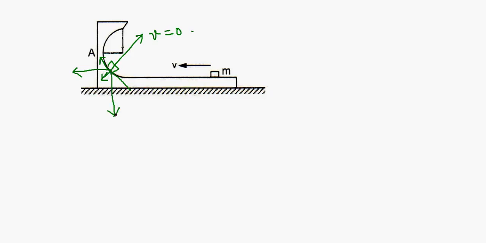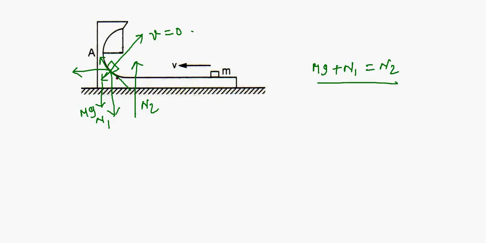But as it tries to move this way, the ground comes into play and it gives a normal force. Let's say this is N1, this is N2, there is mg. So mg plus N1 is N2. The vertical force is balanced, so the velocity in this direction is 0.